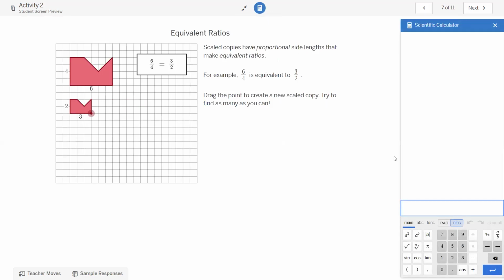So if I take 4 and then I divide it by 6, I know that's going to be 0.6. All right. Now, remember, I compared 4 and 6 first. Now I'm going to compare 2 and 3. So let's do that. 2, and then we're going to divide it by 3.